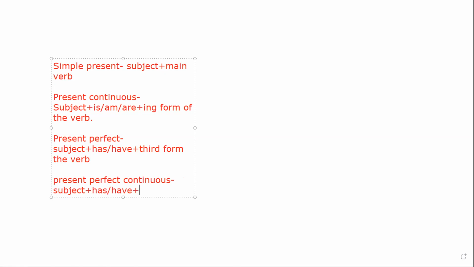In present perfect continuous, you have to write subject plus has or have, plus been plus the ing form of the verb.